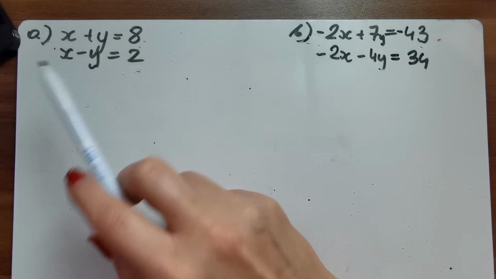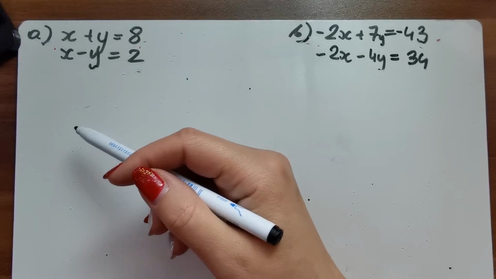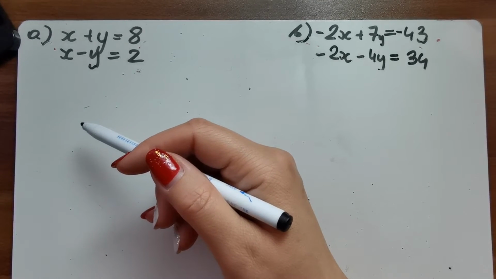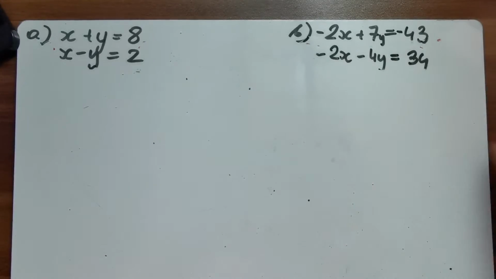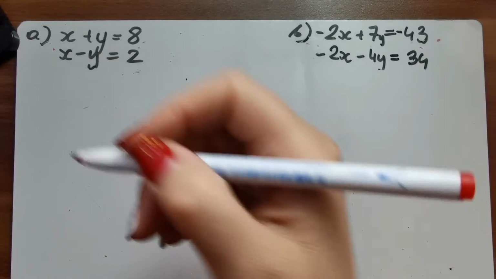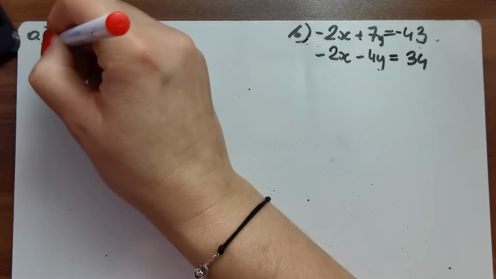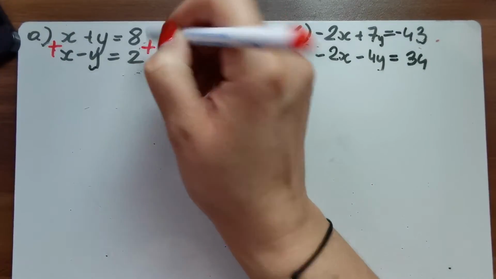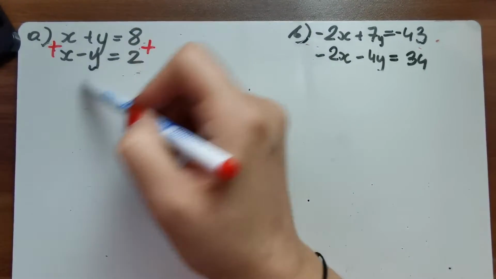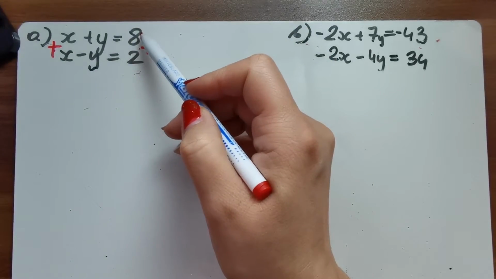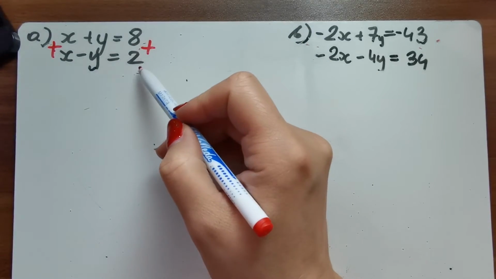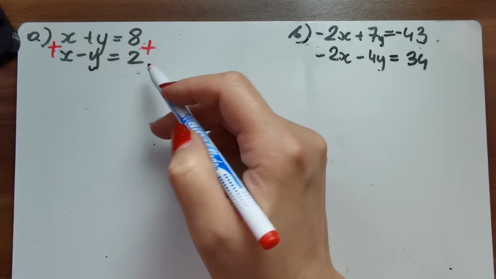So all the letters have the same coefficient regardless of sign, which means I can add or subtract my equations. I will add. What does it mean to add equations? I'm adding the left-hand side of the first to the left-hand side of the second, and the right-hand side to the right-hand side of the second equation.